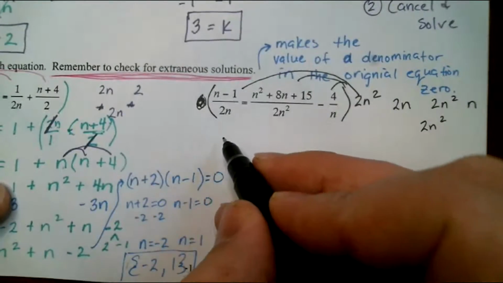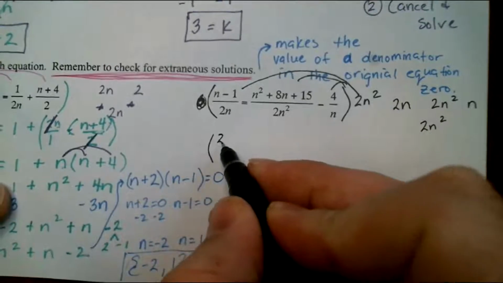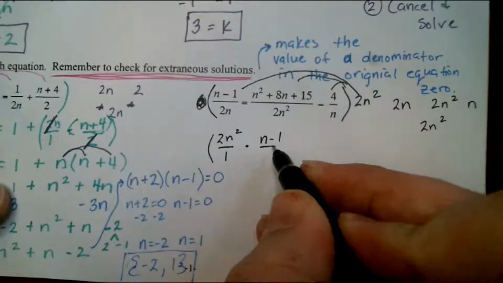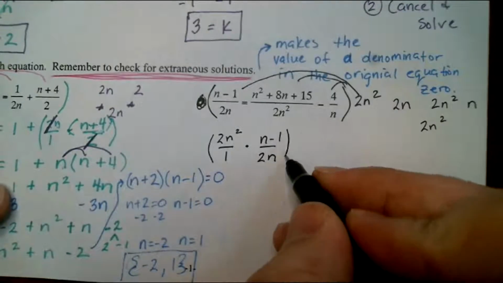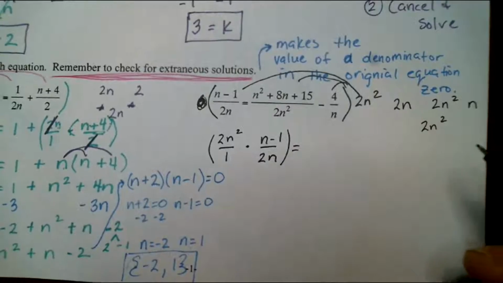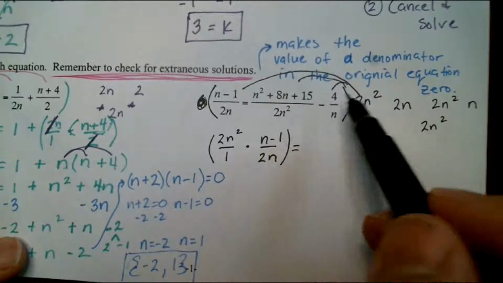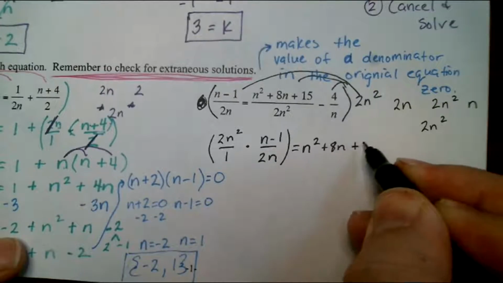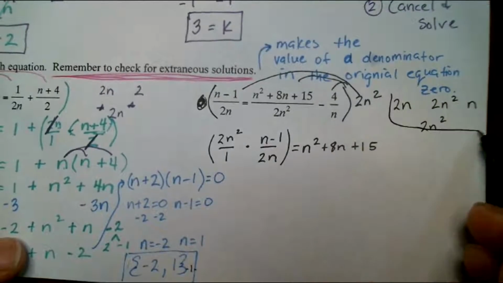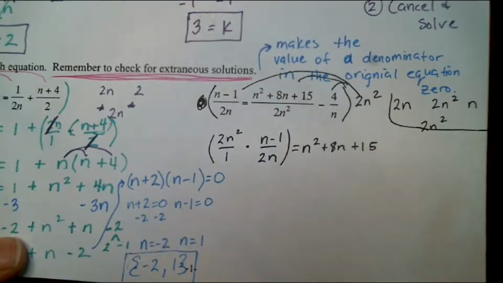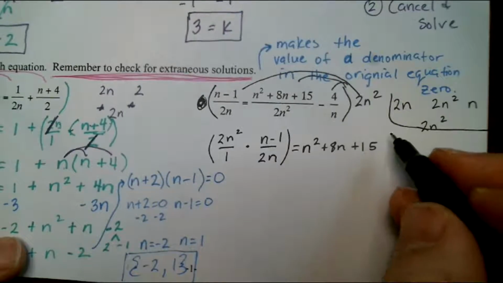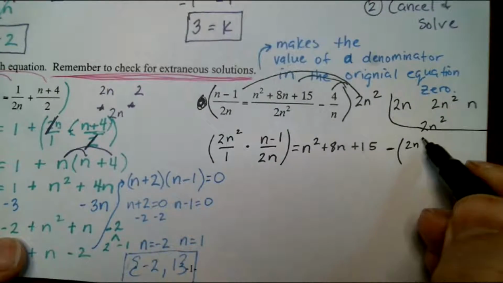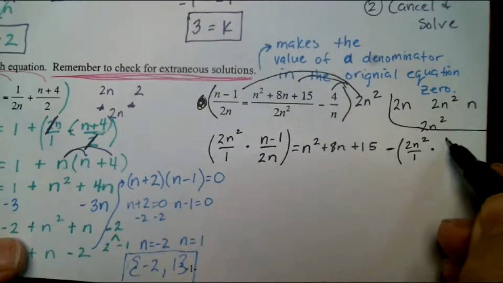So I'm going to say 2n squared over 1 times n minus 1 over 2n equals, now look at this, 2n squared and 2n squared. I can just write the numerator, n squared plus 8n plus 15. And then minus, make sure you do your minus symbol there, 2n squared over 1 times 4 over n.